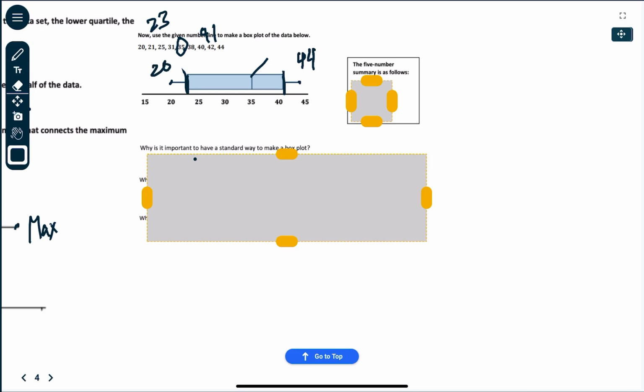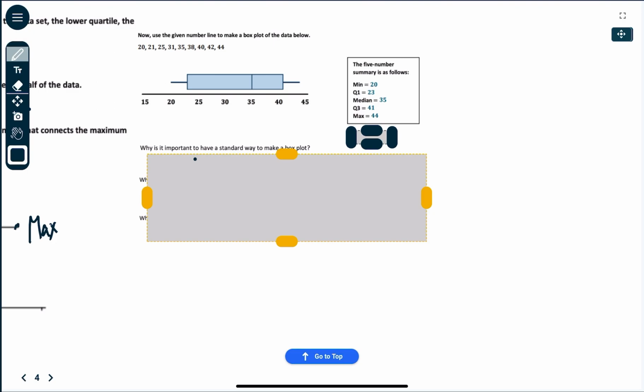The minimum value here at 20. So this is called a 5-number summary. We have the minimum, Q1, the median, Q3, and the maximum. And each one of those is represented here in this box plot.